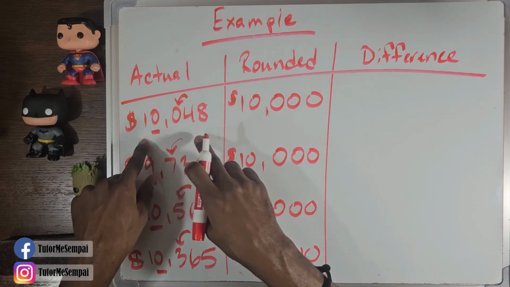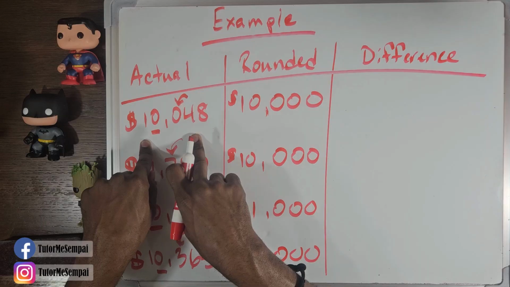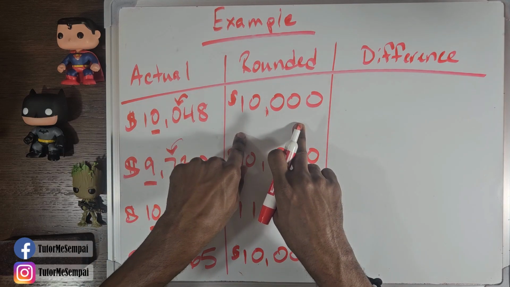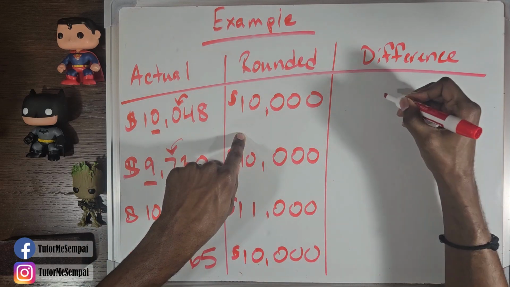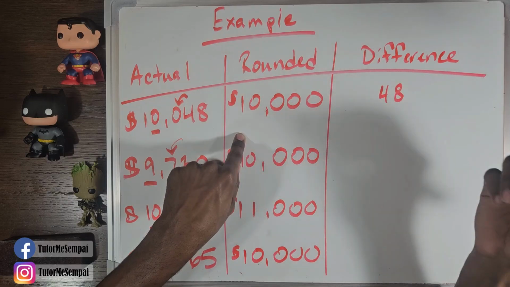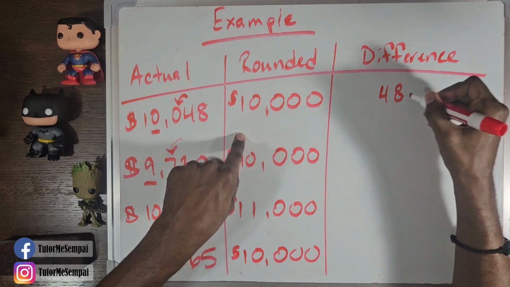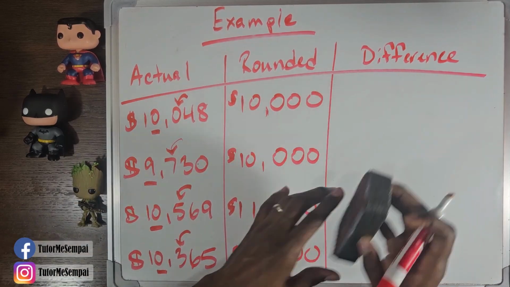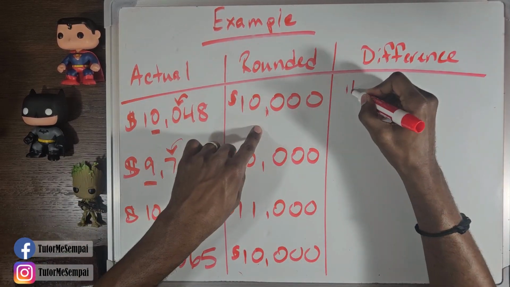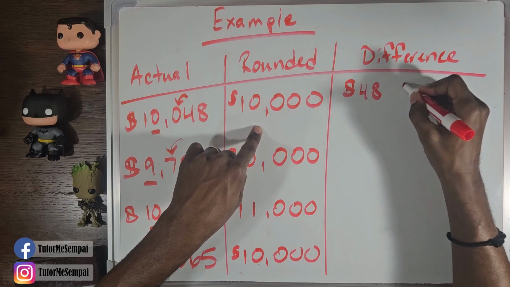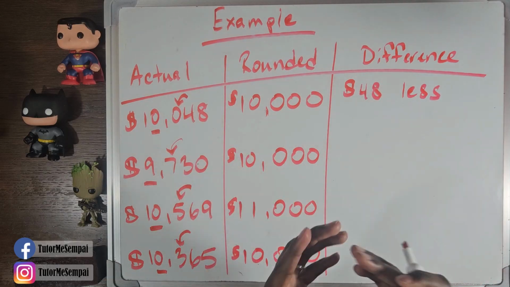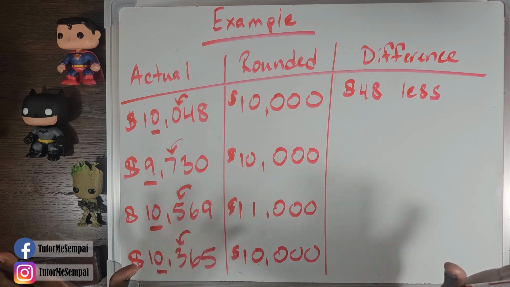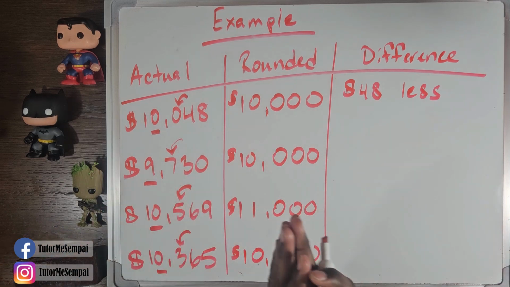So you calculated that it should be $10,048. They're charging you $10,000. So you're actually paying $48 less. So you're feeling really good.